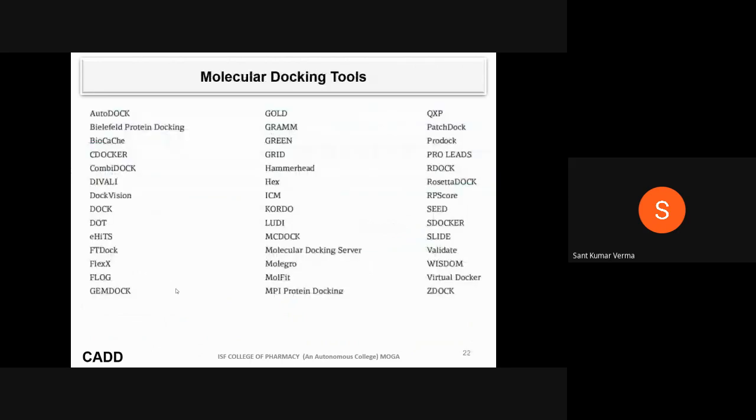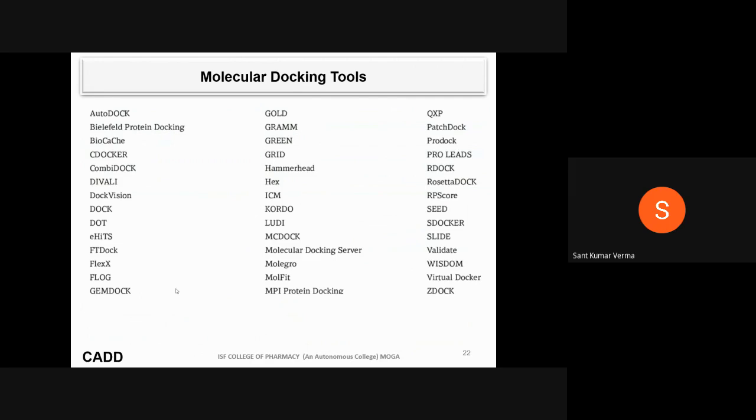Molecular docking tools include AutoDock, which is a free tool. There are other tools like GOLD, QXP, GRAMM, PatchDock, BioCache, Green, ProDock, CDocker, Grid, ProLeads. Our institute has Molegro Virtual Docker, MVD.